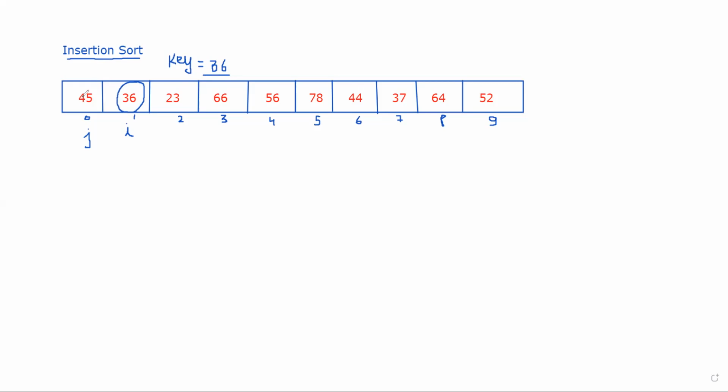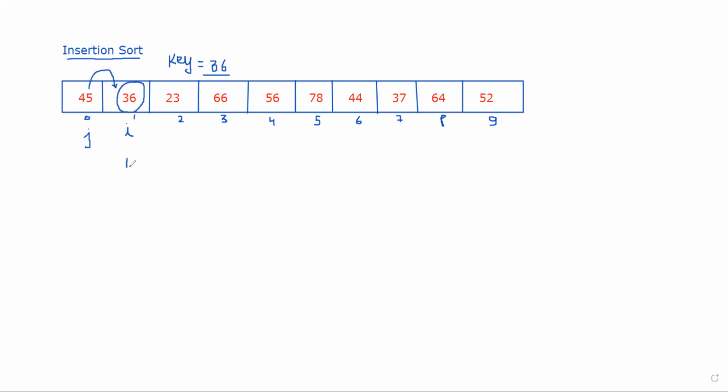It means if this value is smaller, I need to shift it over here. So now I'm going to shift all the values to the right until I get the proper place for 36. So I will shift this value 45 to the next position.